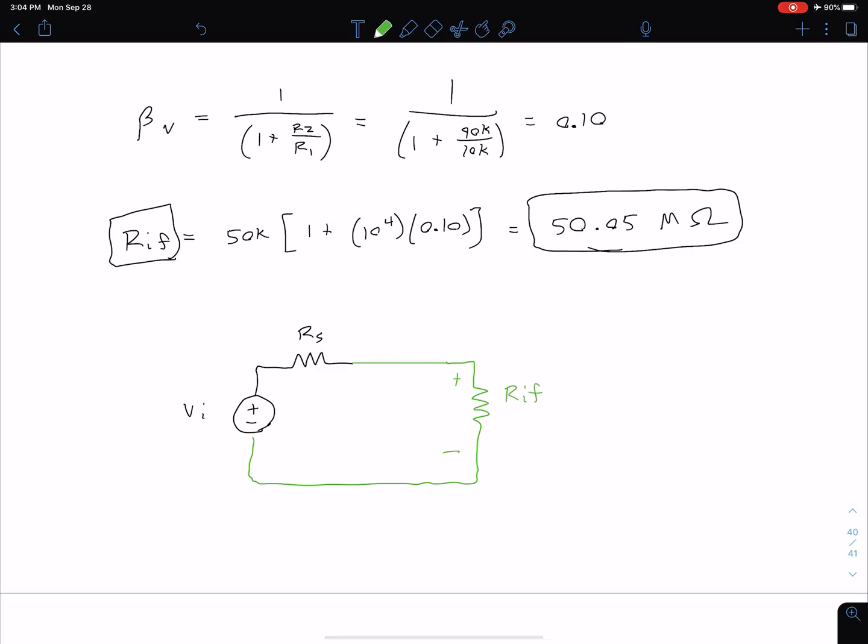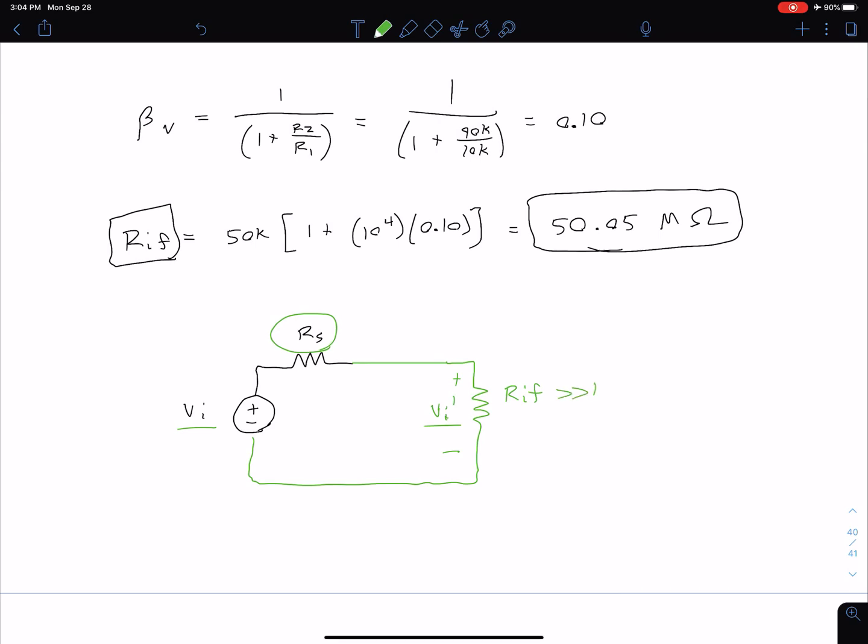So this would be our actual input voltage V sub I prime into the amplifier. And of course we want this V sub I prime to be as close as possible to V sub I. So for some non-zero R sub S, the best we can do is make this value really large.